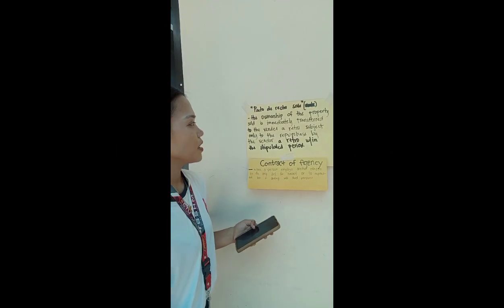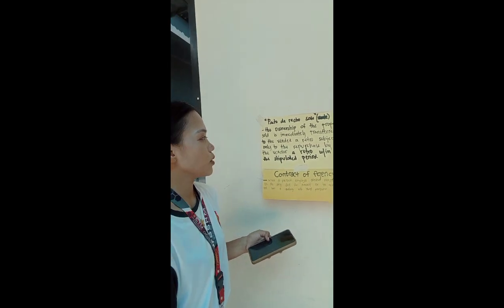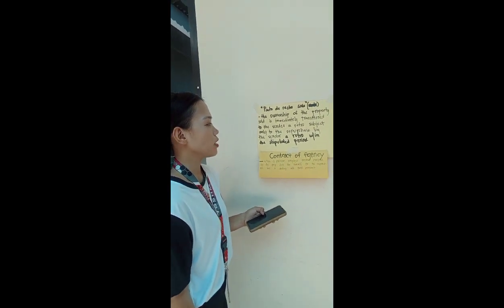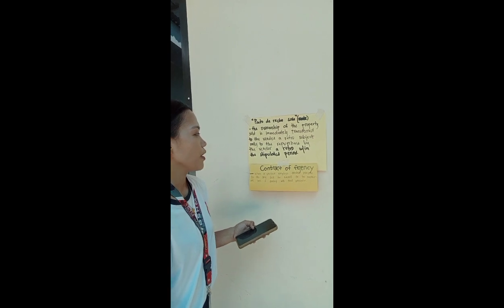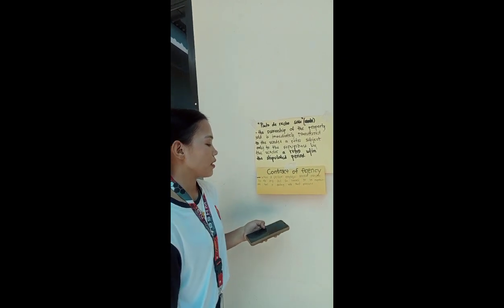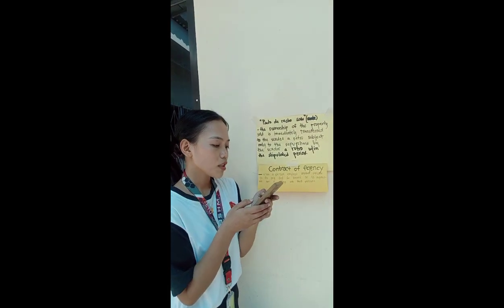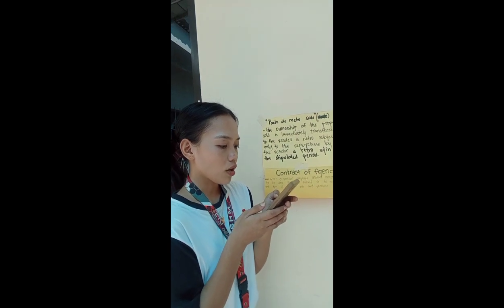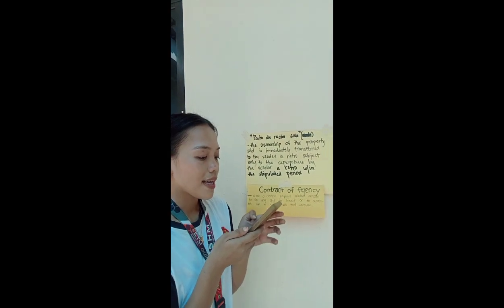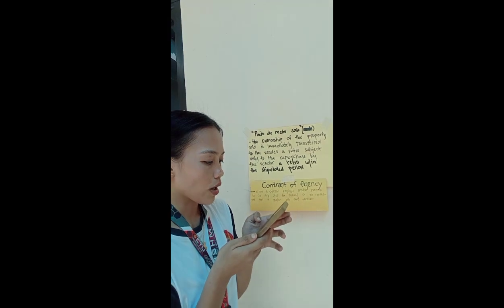After the sale a retro, the ownership of the property sold is immediately transferred to the vendee a retro, subject only to the repurchase by the vendor a retro within the stipulated period. So, Mr. John Michael Aldiger is an owner of a real property where his 5-star hotel is also erected.